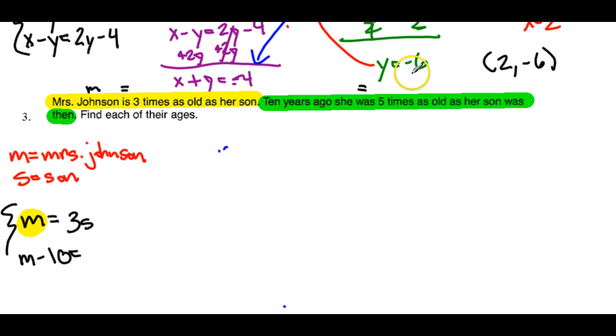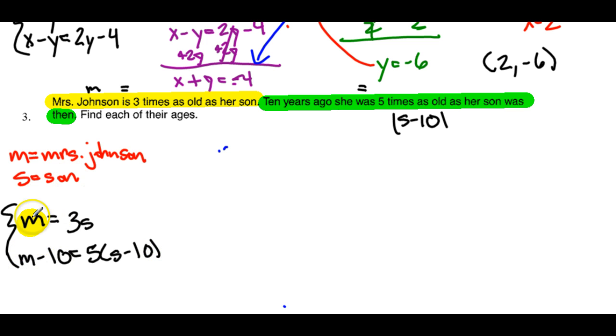Okay? Now this part's hard. 5 times as old as the son was then. So if we're talking about 10 years ago, it's not only is she 10 years younger, but the son's 10 years younger. Okay? So her son back then was s minus 10. But it's 5 times this. So we've got to put this in parentheses. So it's going to be set up like that.